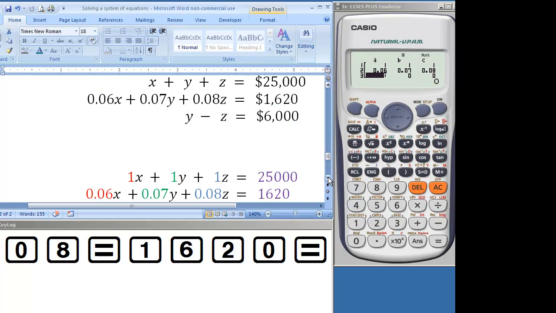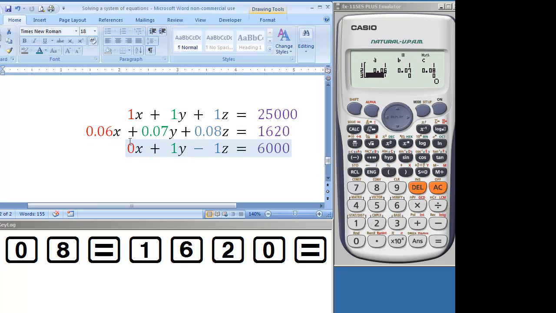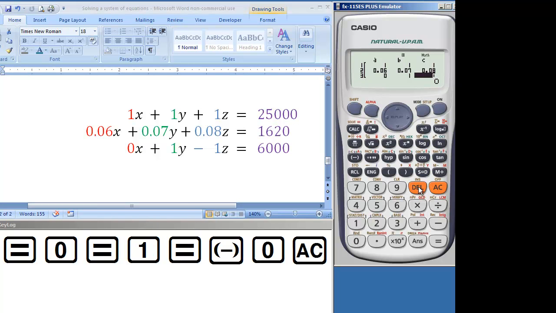So I just simply wrote the x term in place and I put the 0 in as its coefficient, so that over here we enter in a 0. Did I put in my 0? Let's see. Okay, and then 1, -1, and then 6,000.